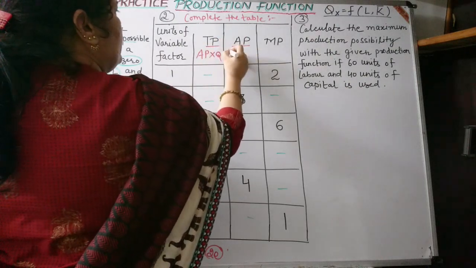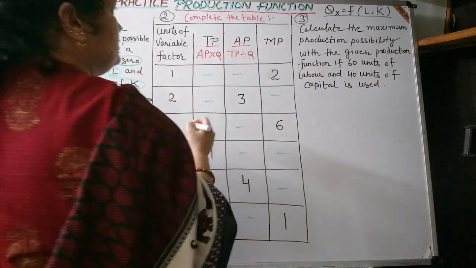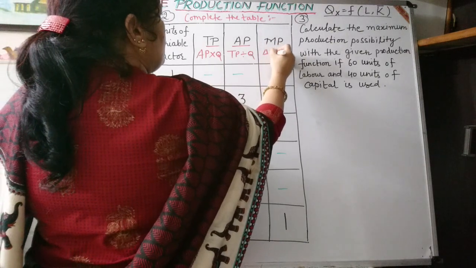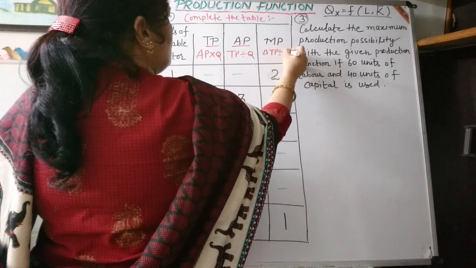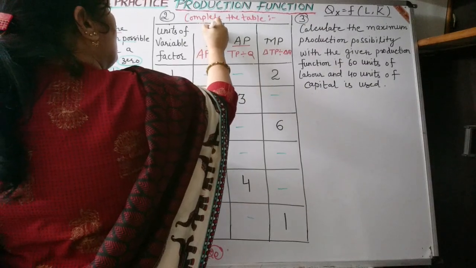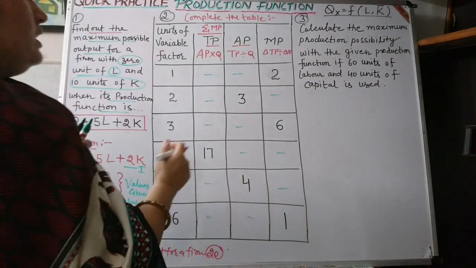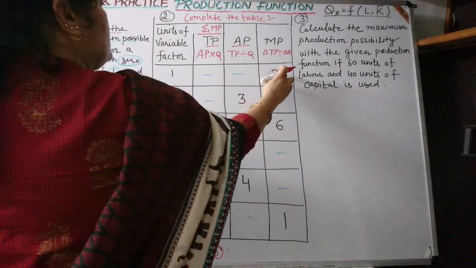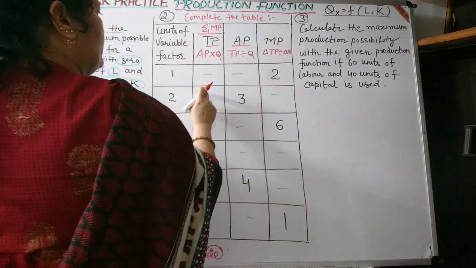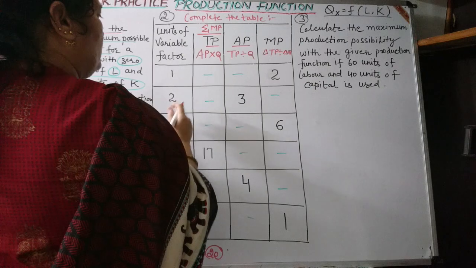AP can be calculated when TP is divided by quantity, and MP can be calculated as change in TP divided by change in quantity. TP is the summation of MP. If we sum up all values, first value of MP plus second value of MP, then we can calculate TP. So let us start calculating the values.